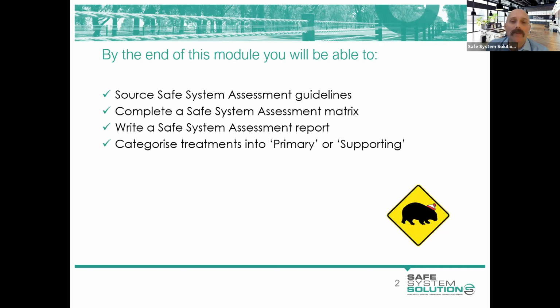So when we come out with ideas on alterations to a project or to an existing bit of road or the like, we have a process for categorizing those in their alignment with safe system principles. So our primary gives us our best alignment with safe system principles, and our supporting are good road safety interventions. They're not going to get us to that aspirational safe system level that we're trying to achieve.